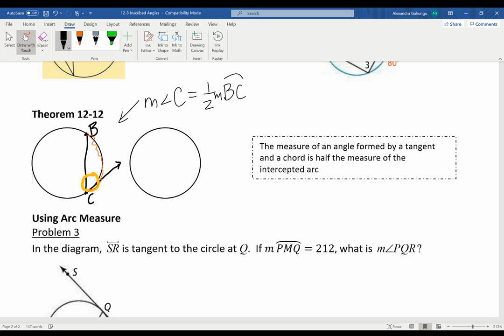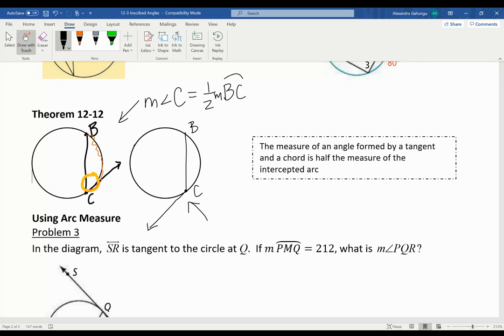half the measure. And then if it goes the other way, we can look at it the other way. So let's say we have arc BC here, and then we have a tangent that also contains C, so a line there.